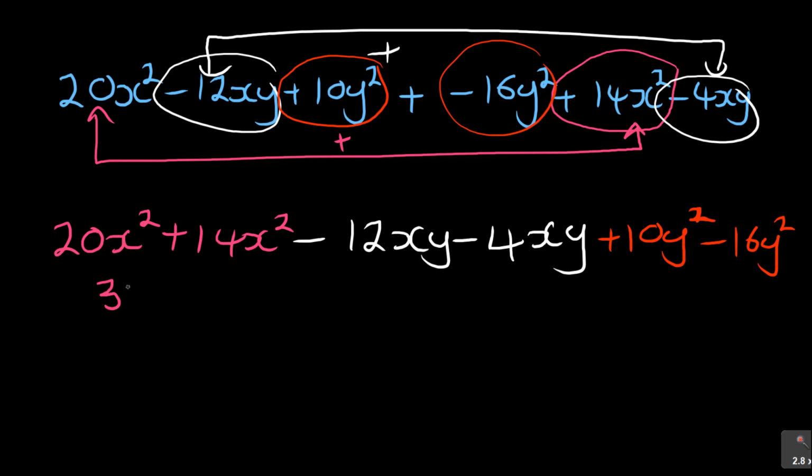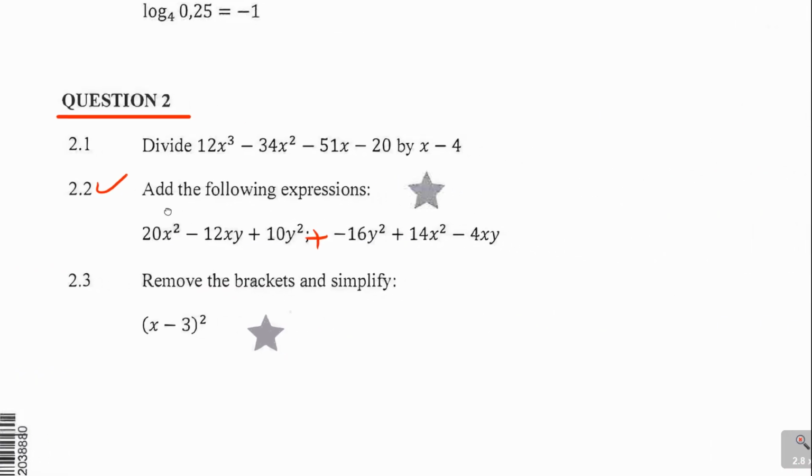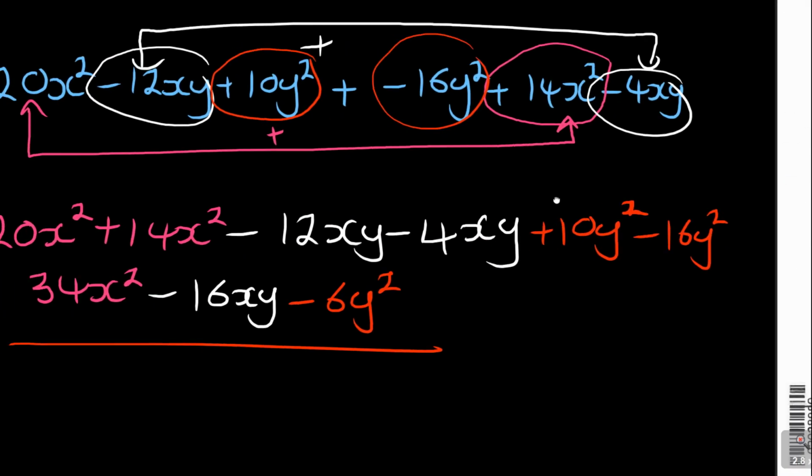It gave me 34, but 34 what? X squared. And the other one gave me minus 16, but you maintain your xy. And the other one gave me minus 6y squared. That's where they will give you 3 marks for this.